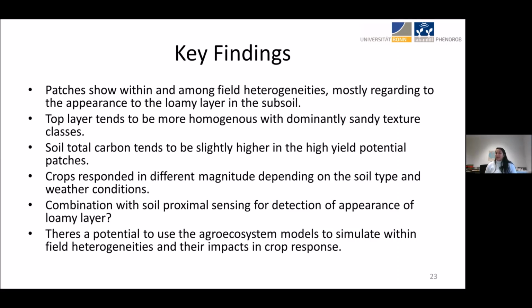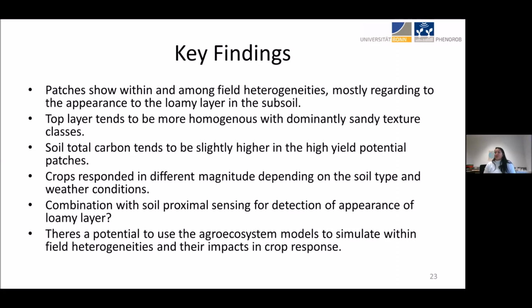Also, the soil carbon tends to be higher in the top layer than in the subsoils, and crops respond in different magnitude to the soil type and the weather conditions, which is an important thing we have to take into consideration when optimizing the spatial crop diversification.